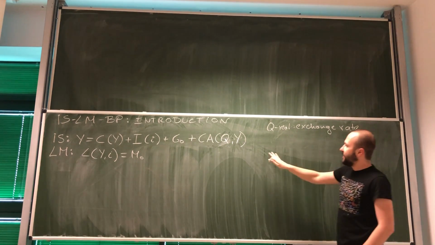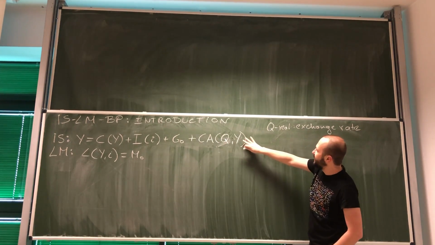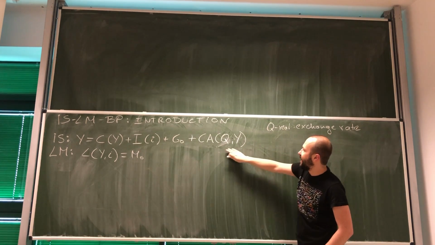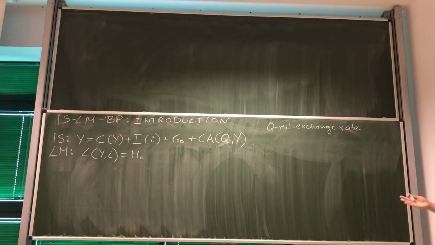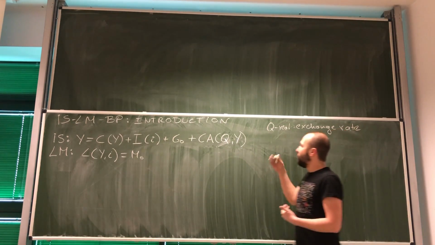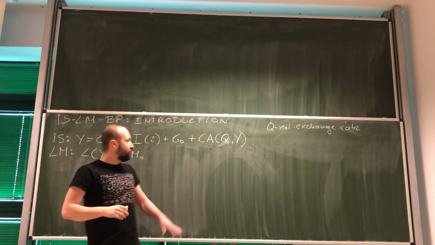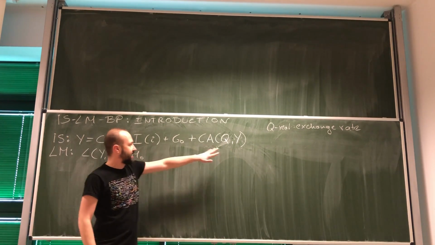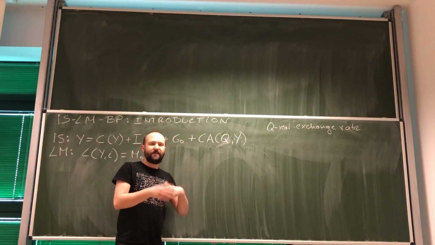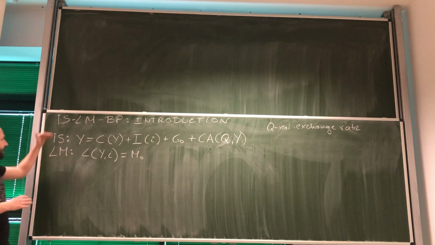And the second thing that influences the current account is income. Okay, we will go back. We will explain why it is like that in a second. But let's first finish the entire model.